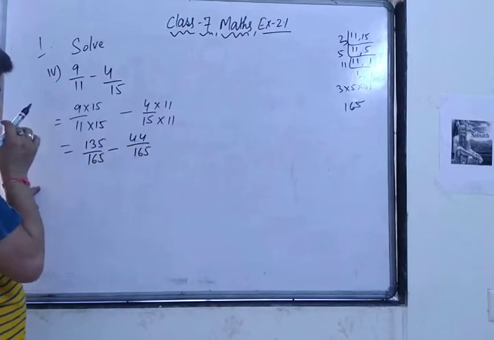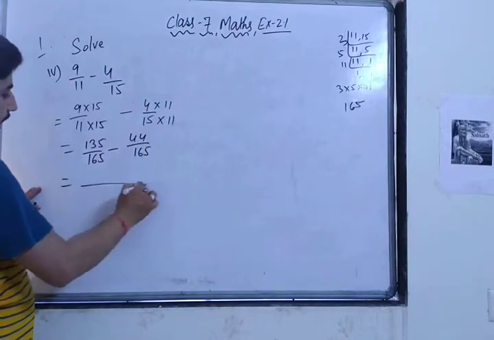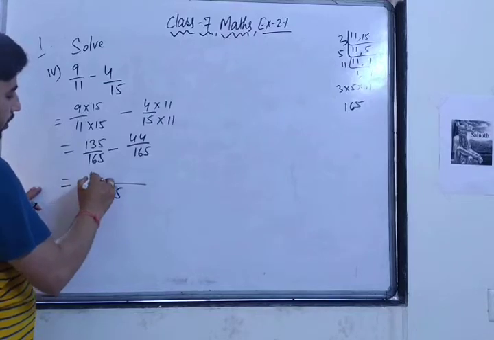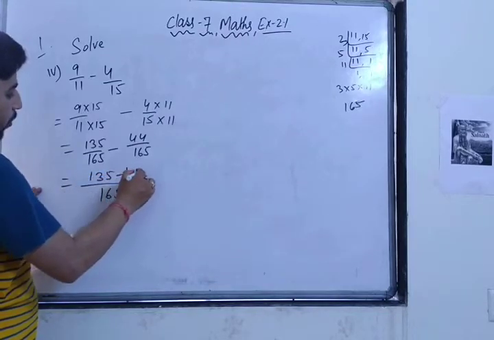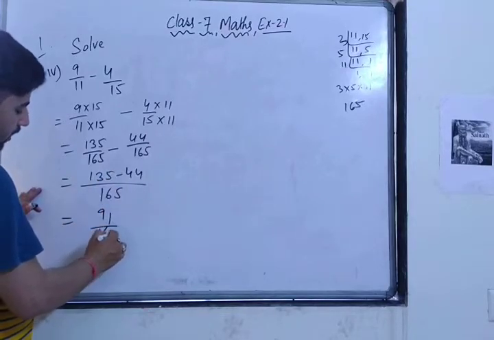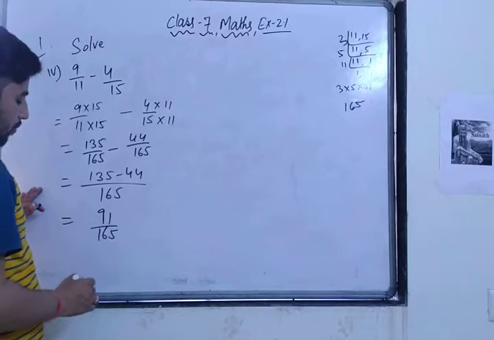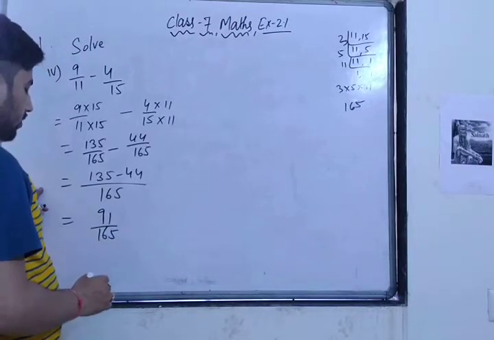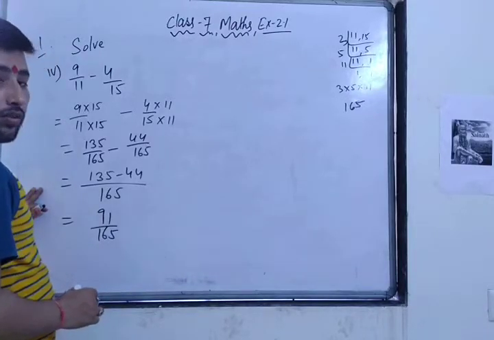Now you can see LCM is 165, 135 minus 44: 5 minus 4 is 1, 13 minus 4 is 9, so 91 upon 165.